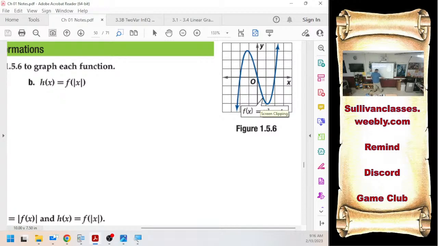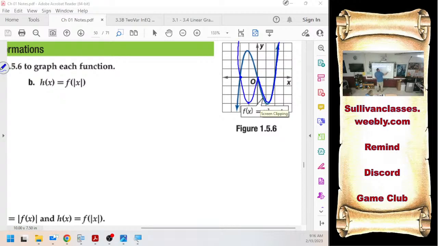overwriting things. So everything that was over here, they're going to say, when I go to -1, I ain't telling you this. I'm telling you what happened at +1. When I go to -2, I'm not telling you what happened at -2. I'm telling you what happened at +2.